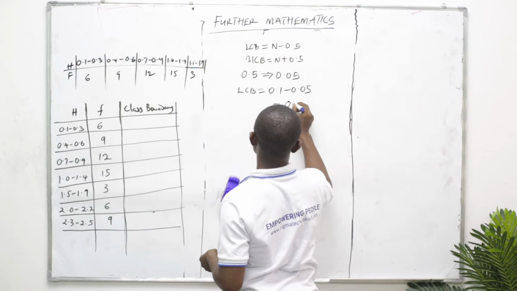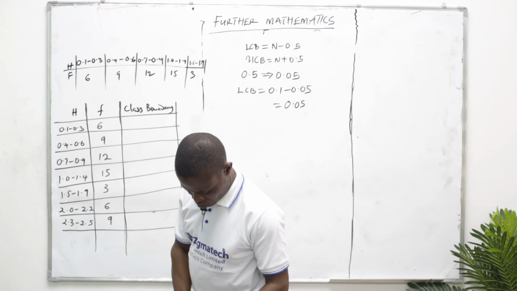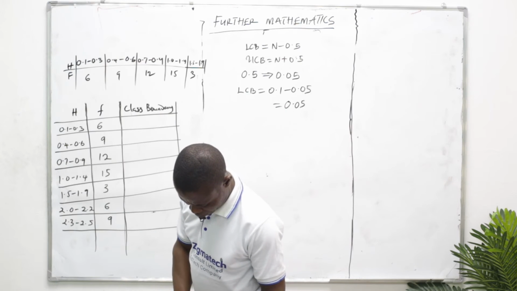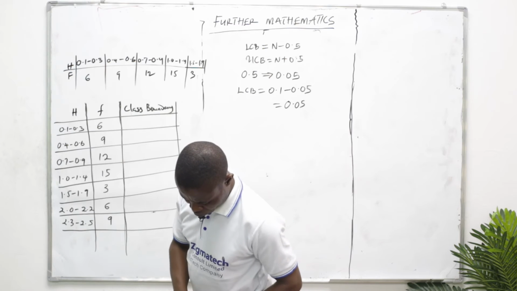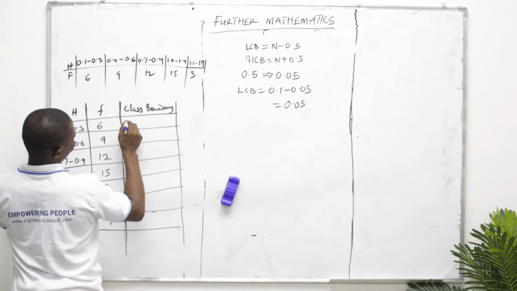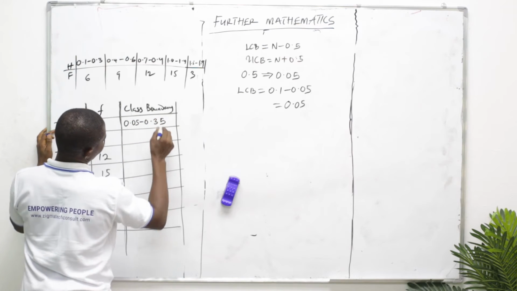So it will now give us 0.05. So 0.3 plus 0.05, 0.35. So look at it, 0.05 to 0.35.